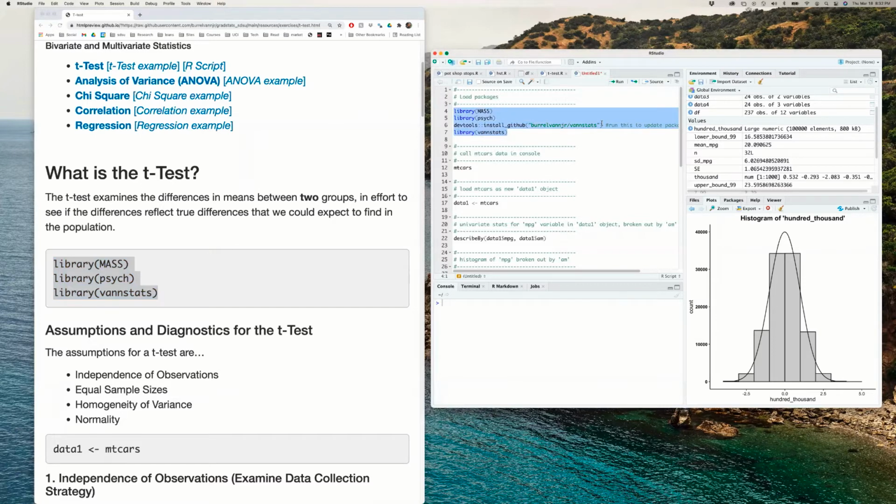I made an update to the VanStats package, but because it's not on the R network on CRAN and it's on GitHub, I've had to install it this way or reinstall a newer version of it. So in here, I have that listed there. So I'm just going to highlight all of those, run.